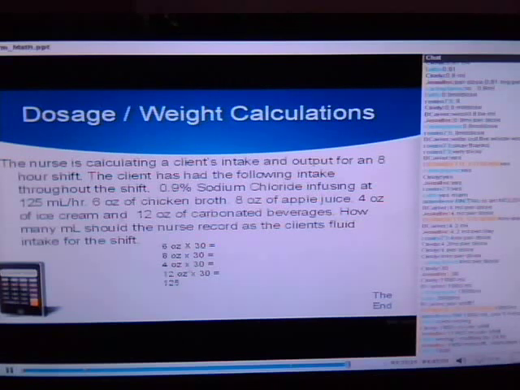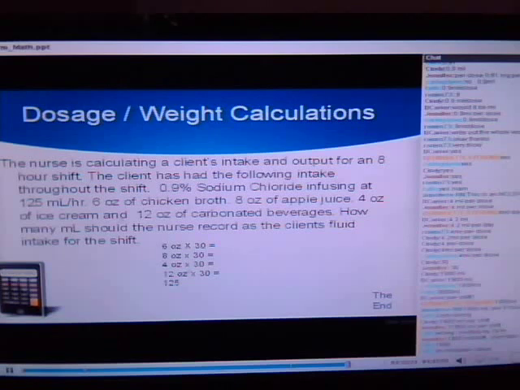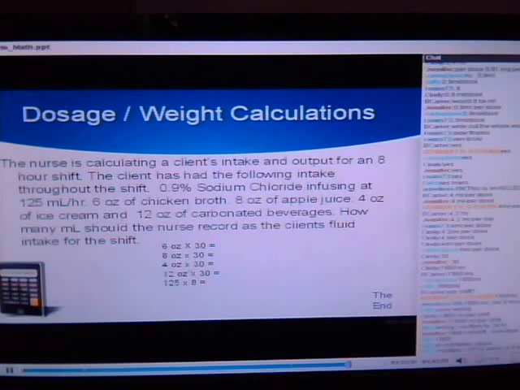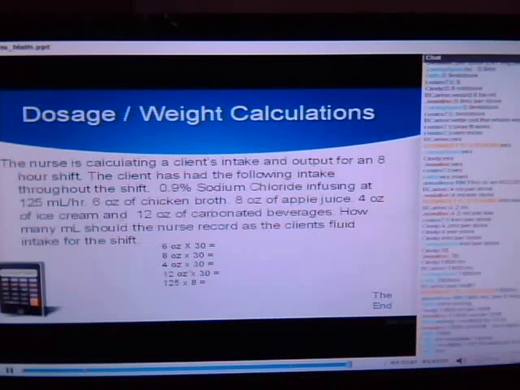No, it's only asking for an 8-hour shift, right? So you take all these things that we added up, and don't forget the IV, it's 125 an hour for 8 hours, that's why the 8's there. And we simply add all these things up, and we should have come out with 1,900 milliliters per 8-hour shift. Okay?